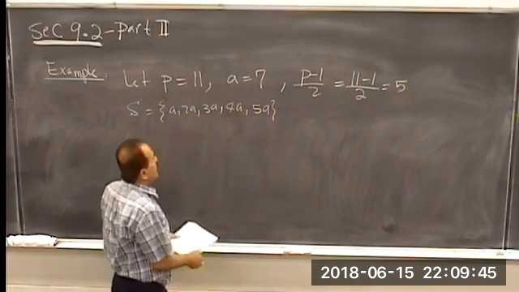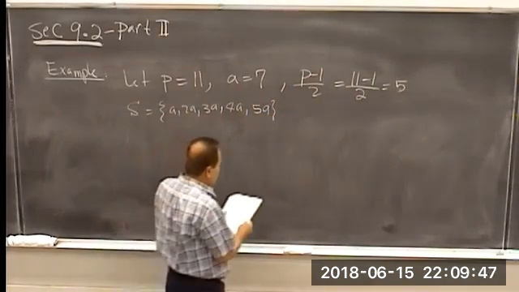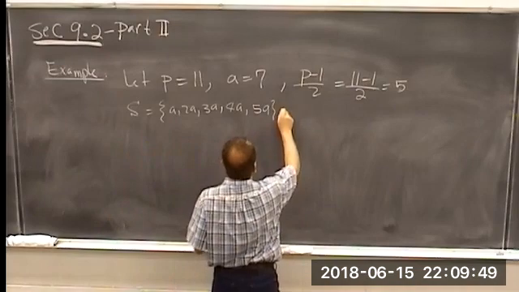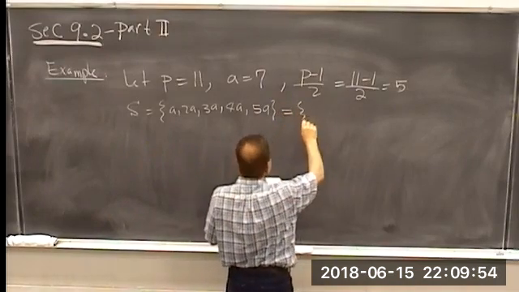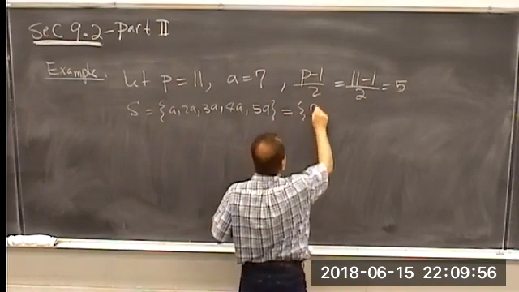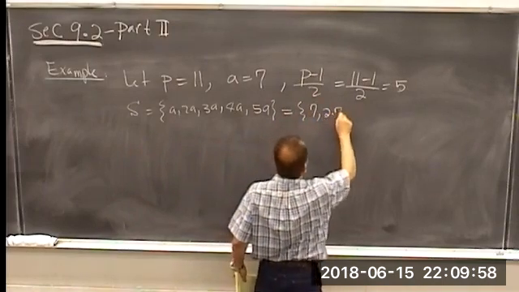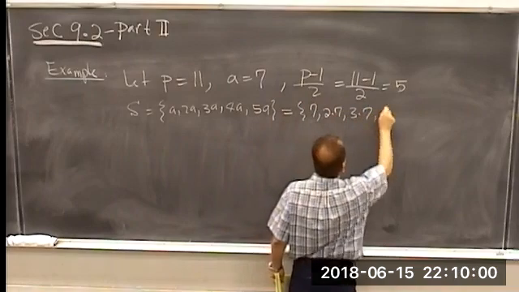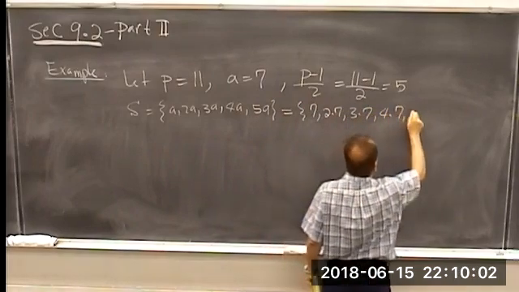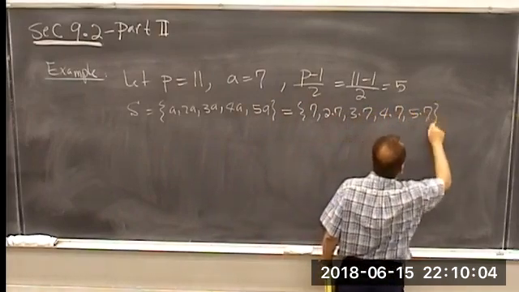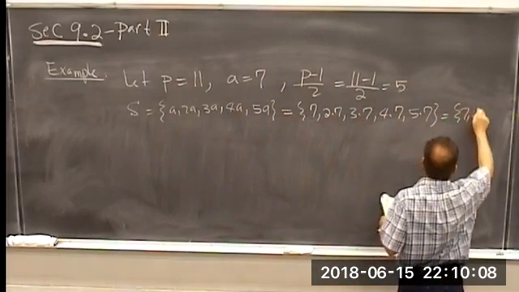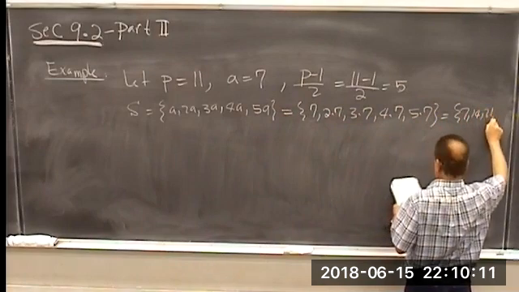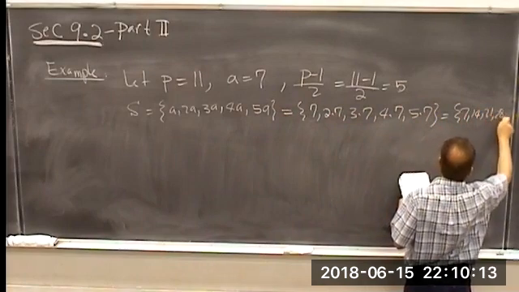Since A is 7, this is going to give us these integers: 7, 2 times 7, 3 times 7, 4 times 7, 5 times 7. Calculating these gives us 7, 14, 21, 28, and 35.